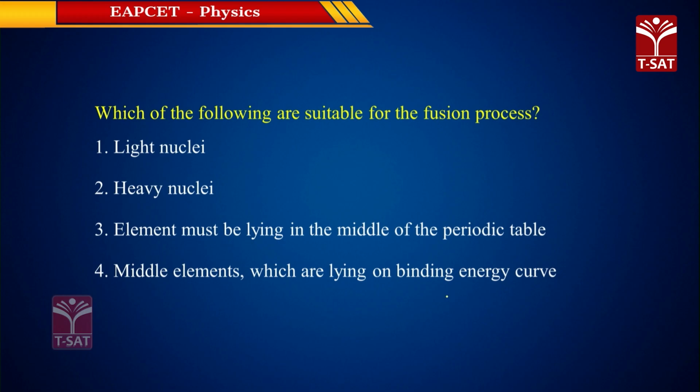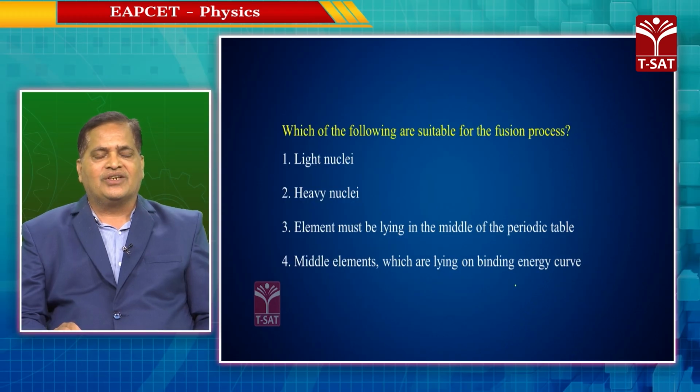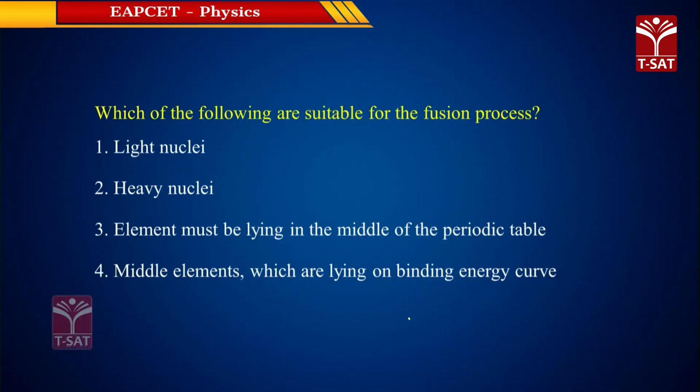In fission we are taking heavy nuclei. Suppose, in fission, uranium bombarded with a neutron gives rise to barium, krypton plus 3 neutrons plus 200 mega electron volts. In fusion, light nuclei: hydrogen 1:2 plus hydrogen 1:2 gives rise to helium 2:4. This is a light nucleus children, plus 24 mega electron volts energy released.